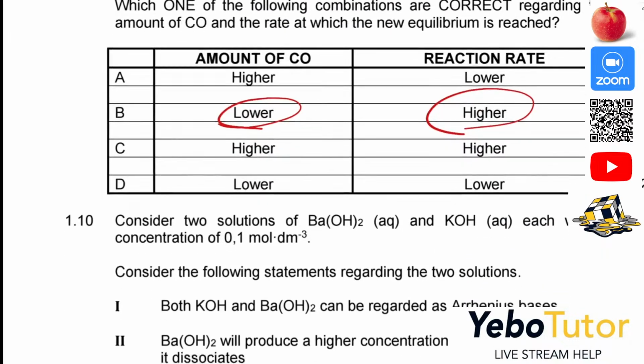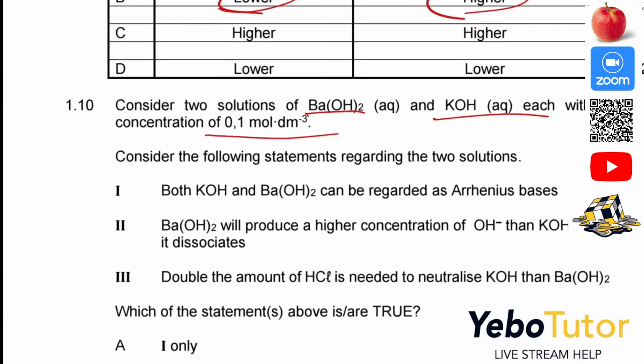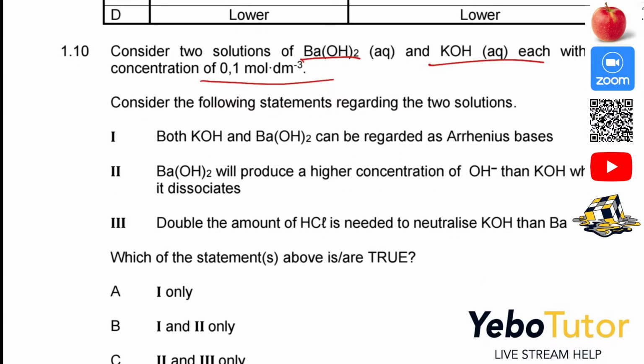All right. Now consider the two solutions which were given, Ba(OH)2 and also the other one, potassium hydroxide. Each concentration is 0.1 mol per decimeter cubed. Consider the following statements regarding the two solutions. So we can see that both the potassium KOH and Ba(OH)2 can be regarded as Arrhenius bases. Others say on number 2 that Ba(OH)2 will produce a higher concentration of the OH ion than the KOH, as it dissociates.